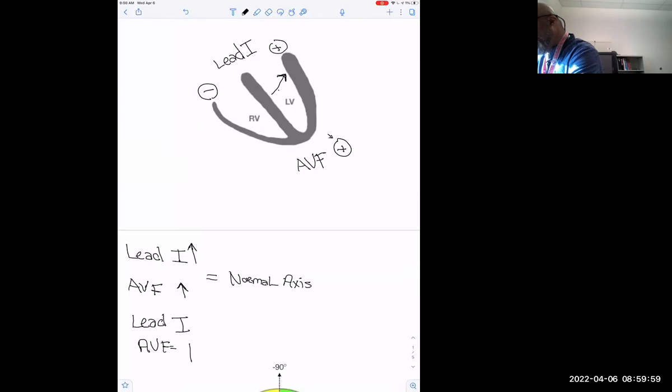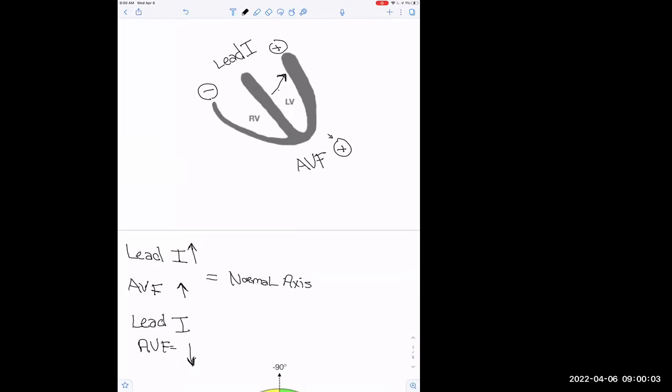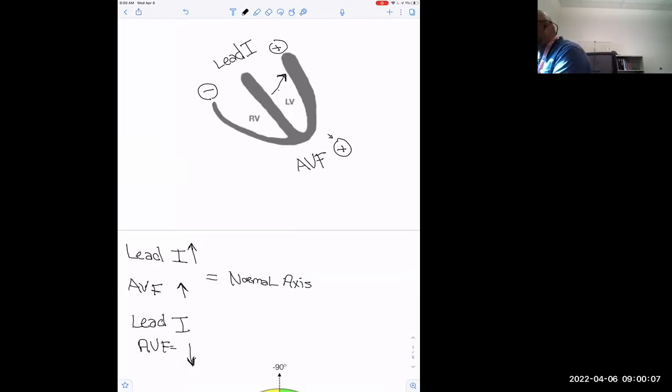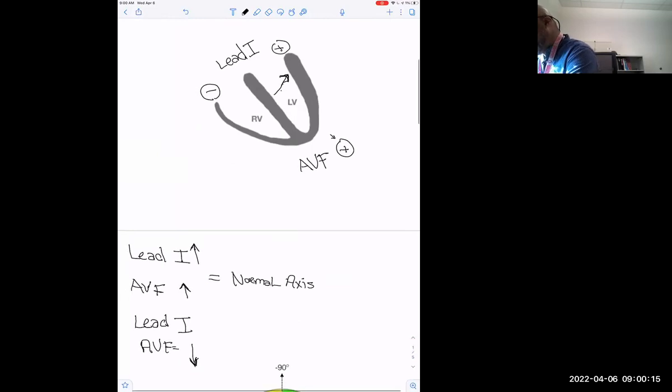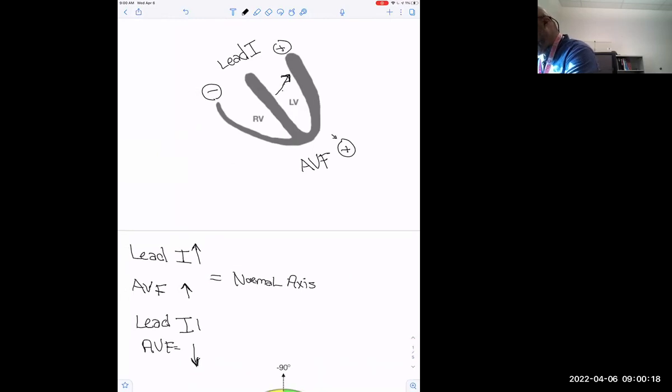It's going to give us a negative deflection or a negative QRS. But this vector is still traveling towards the positive pole of lead 1, so we can expect to see a positive vector or a positive QRS in lead 1.